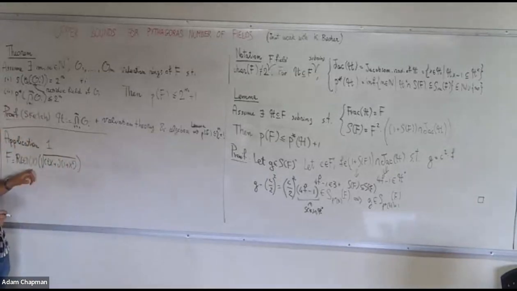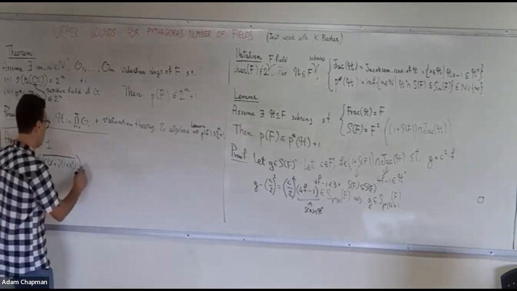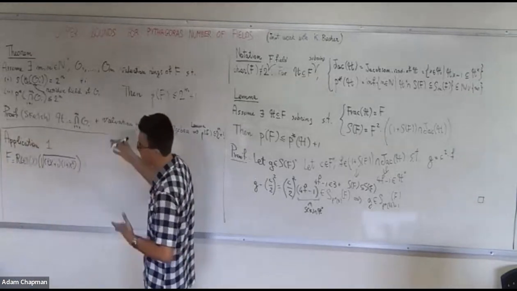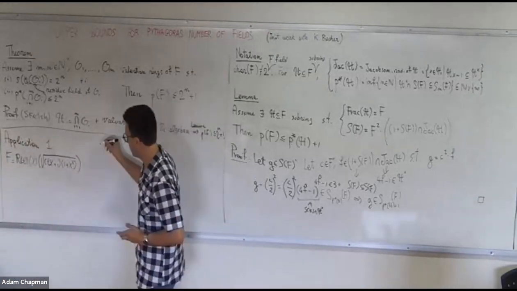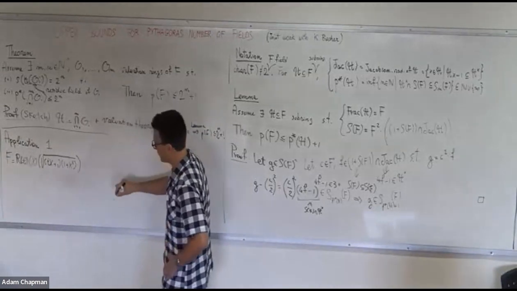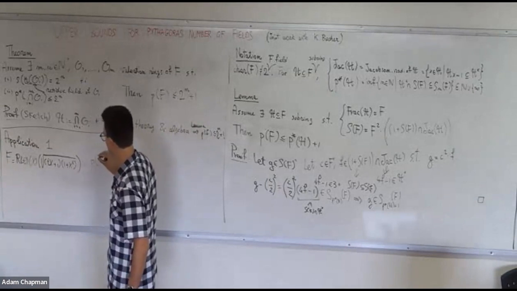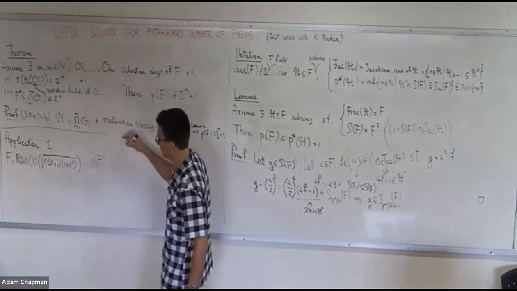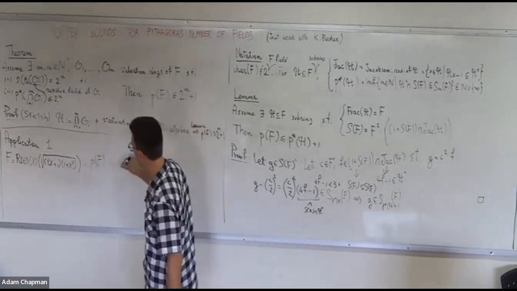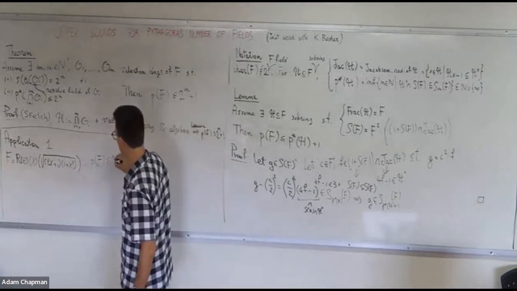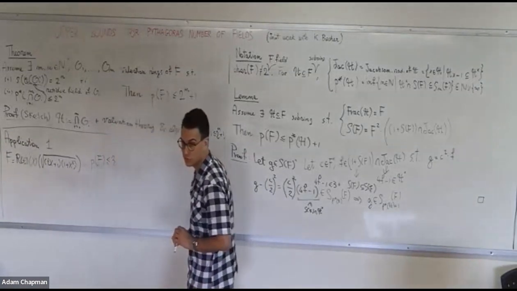It's the function field of an elliptic curve over the base field of the form of real Laurent series, the real formal power series. The result by Becker is gone, but if you remember the example on the blackboard before, I was saying that the Pythagoras number is at most 3.